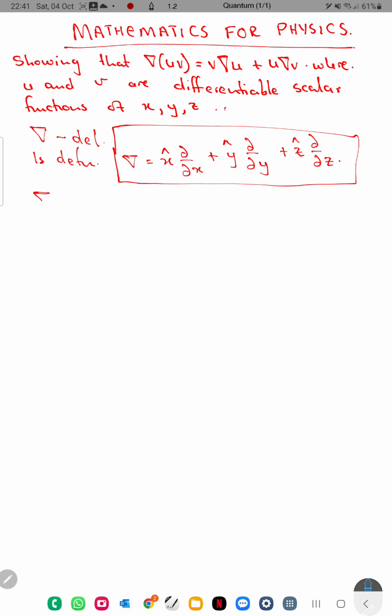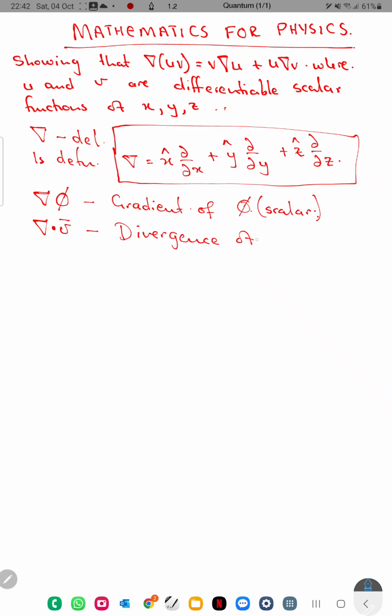If you apply del to a scalar, suppose this is a scalar phi, then this will become the gradient. It's called the gradient of phi, because phi is a scalar. But if you have del dot v, and v is a vector, it's called the divergence of v.